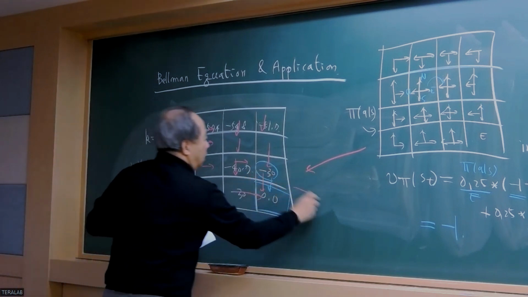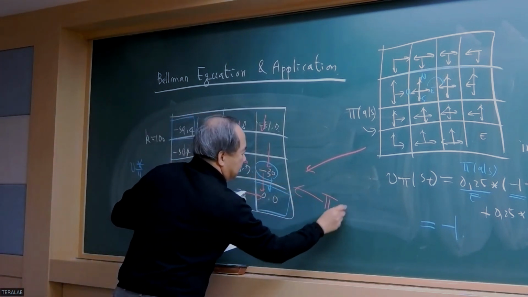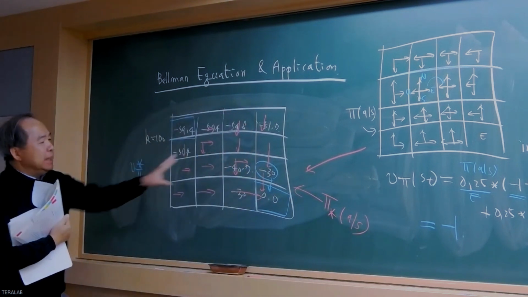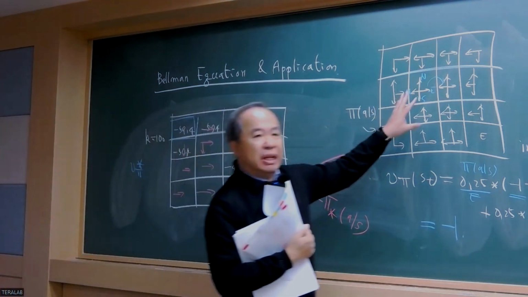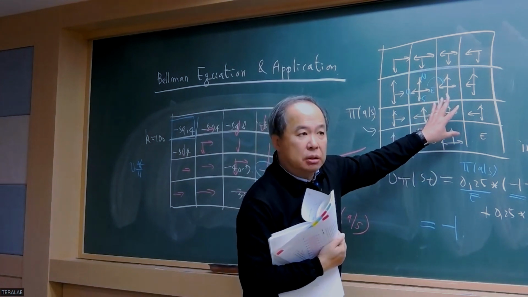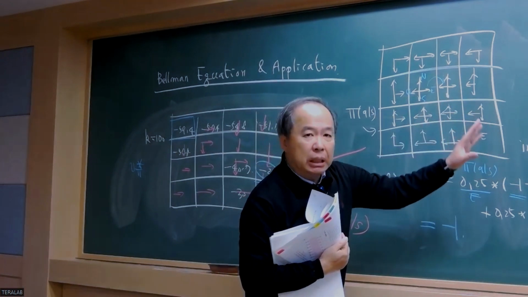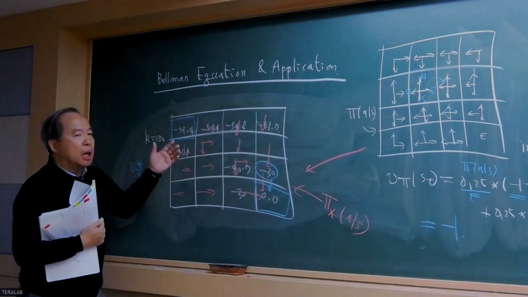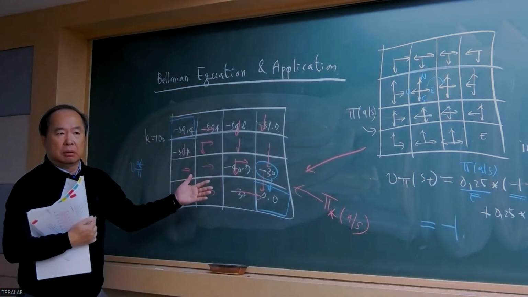This one is really the updated policy. This arrow. Initially, we started with random actions. After the training, we were able to derive the optimal policy.